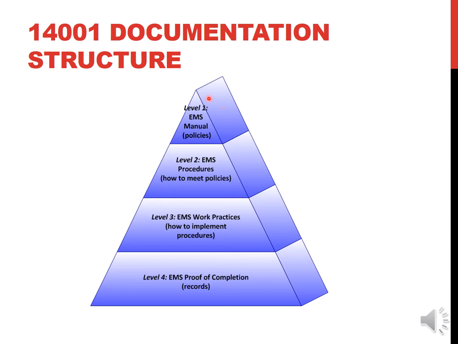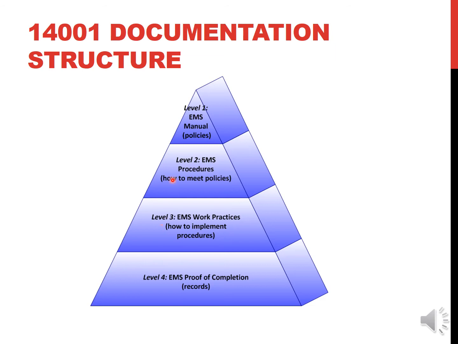These are the drivers of organizational activity. They describe what should be done. They provide guidance for the future. Level 2 are procedures, which describe how the organization meets the policies, what processes it uses, what systems it uses. And at level 3, there are work practices, which are how to implement procedures. And level 4 is EMS proof of completion, which are records.